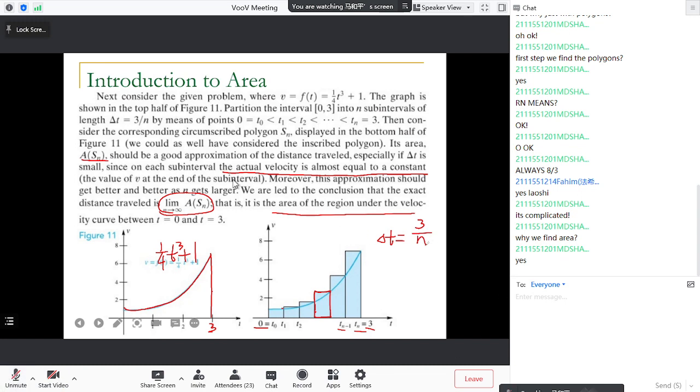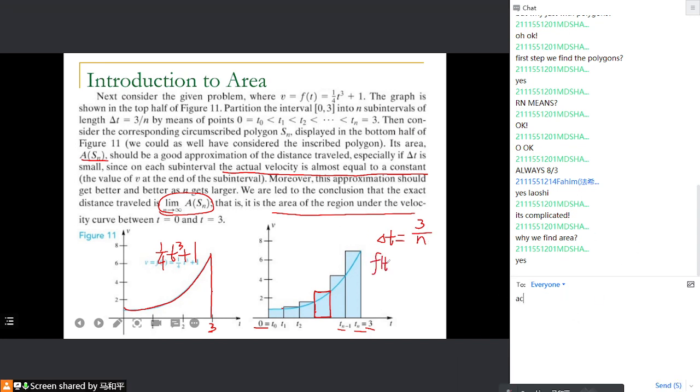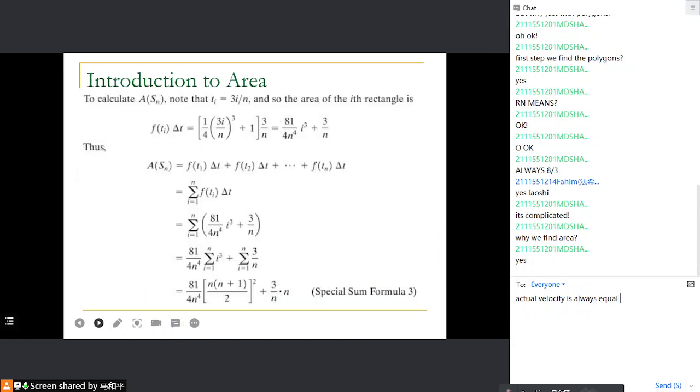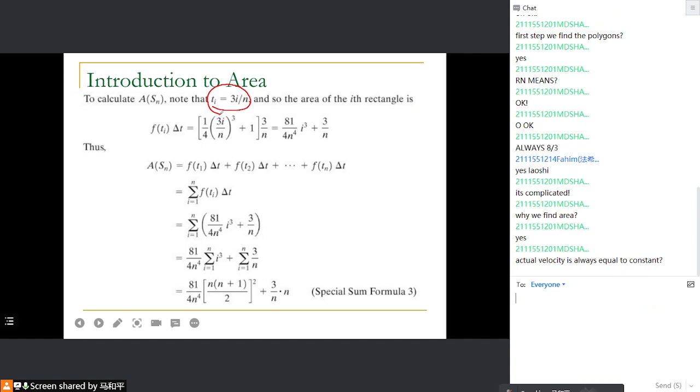We use f(t_i), which is 1/4 t_i^3 + 1, and t_i is 3i over n because we partition into n subintervals with length 3 over n.